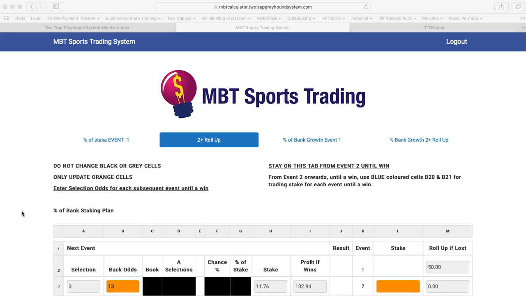As you know, if you've been studying the two-track Greyhound system, you'll also know that through the system, the law of probability, etc., and the staking plan means that your odds of recovery in terms of the likelihood of success are much greater as a result of the whole of the system that's in place for the two-track Greyhound system.